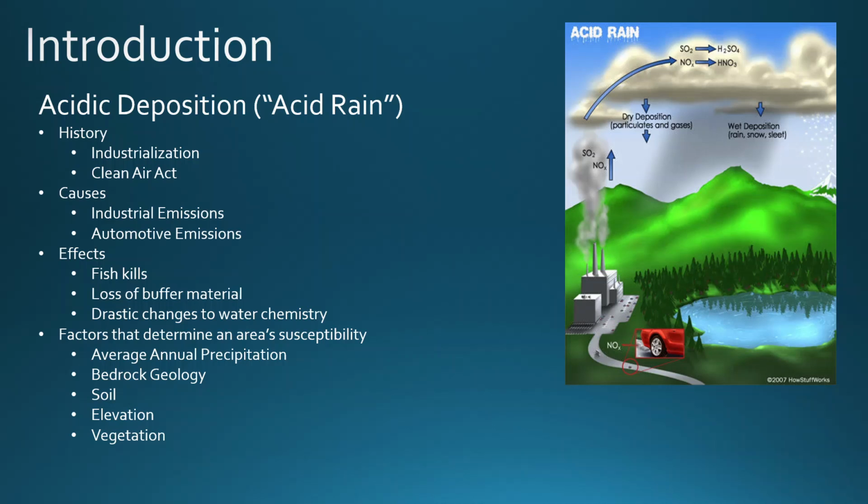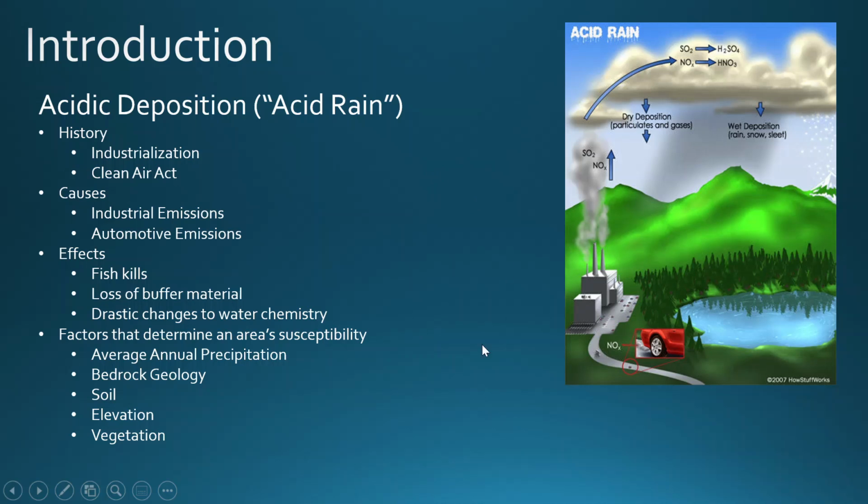And then it can also have the effect of just changing water chemistry in general. When pH decreases, you can see changes in the amount of dissolved oxygen or dissolved carbon inside of the water, changes in heavy metal concentrations, which can in turn affect fish. So it's really a big problem. And luckily, since our government created the Clean Air Act and added the amendment to control acidic deposition, we've seen decreases in it, but it's not a completely solved problem.